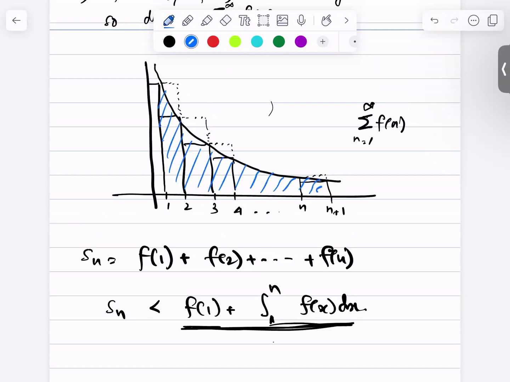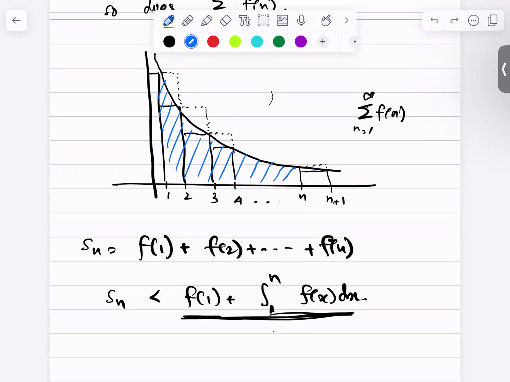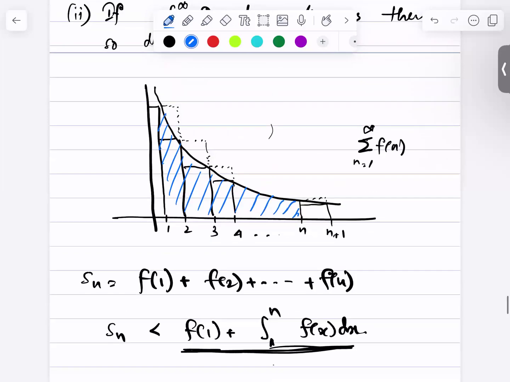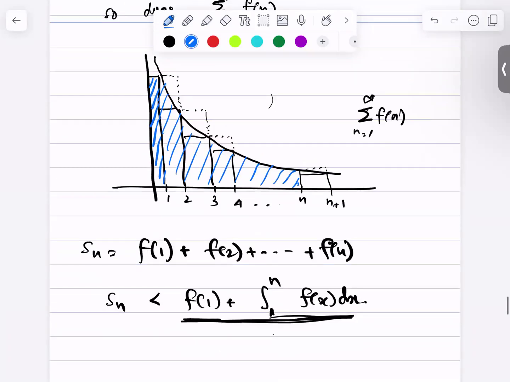Okay, it stops here. But f1, which is the area of this first rectangle, so therefore I'll also consider this. So this blue box is the area of the blue shaded region.